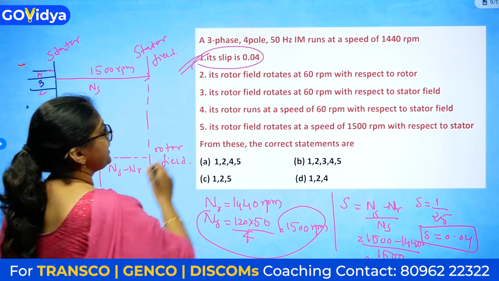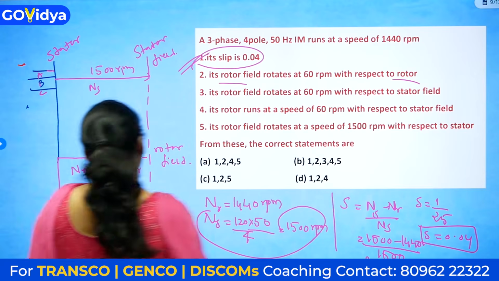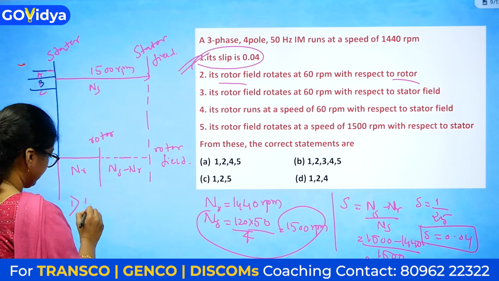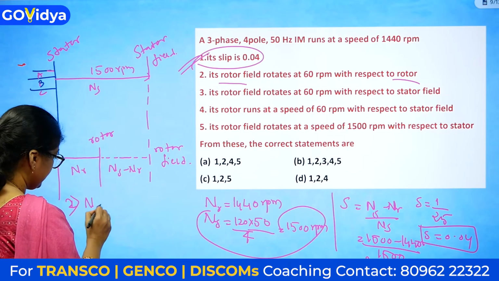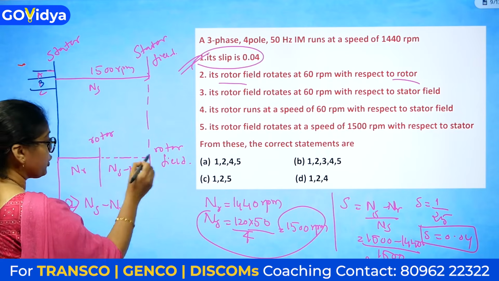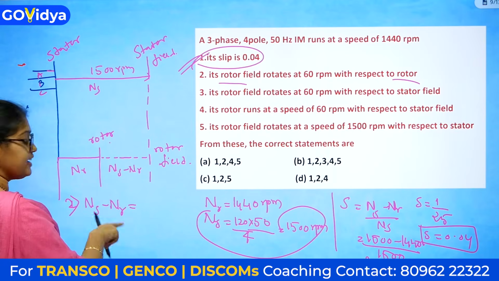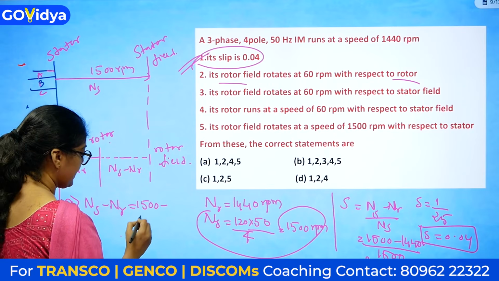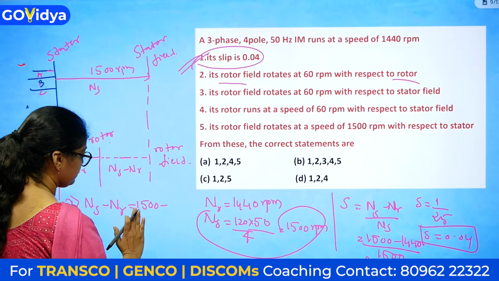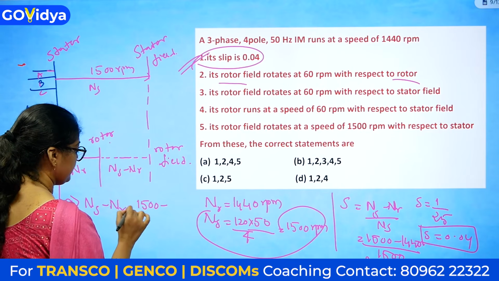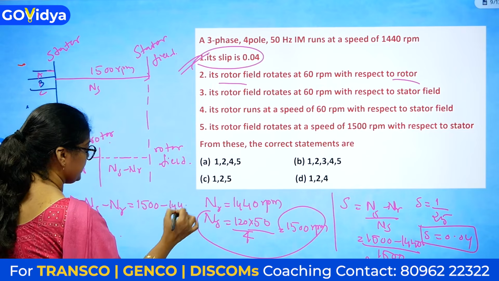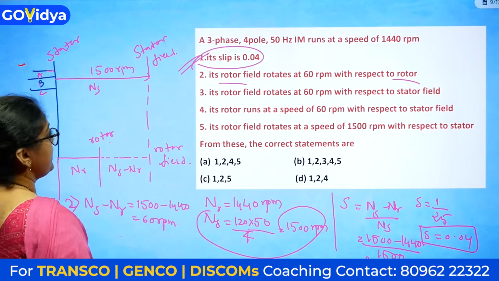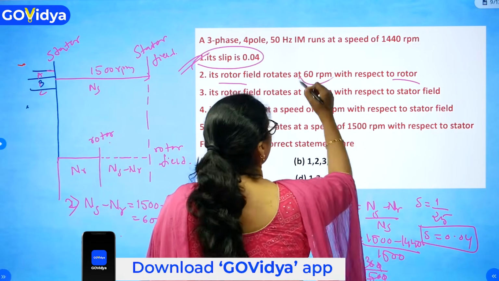What is the relative speed between the rotor field and the rotor? Ns minus Nr. The rotor field with respect to rotor is Ns minus Nr. So Ns is 1500 minus 1440 rpm, you will get around 60 rpm. So they have given 60 rpm, which is correct.